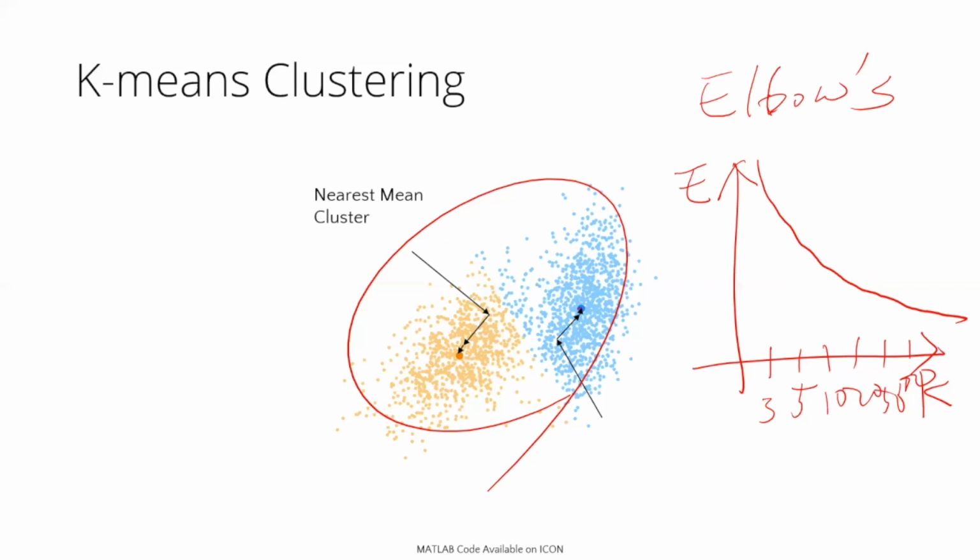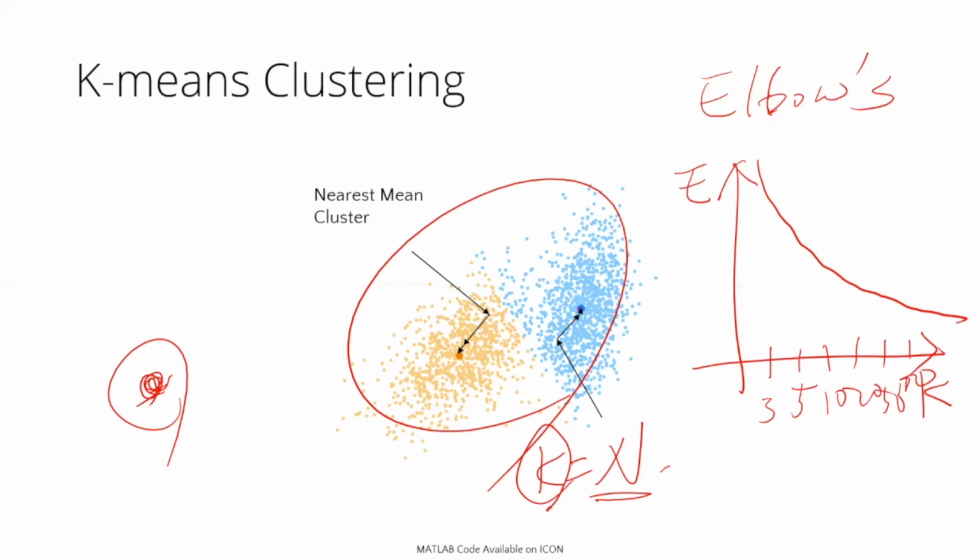Okay. Why? Let's consider an extreme example where K equals N, which means the number of clusters K is the same as the number of data points. So each individual data point becomes a cluster. Now, in this case, what is the intra-cluster distance?